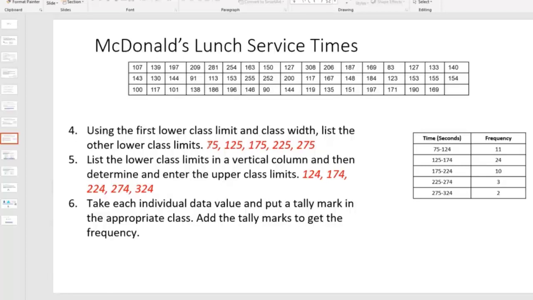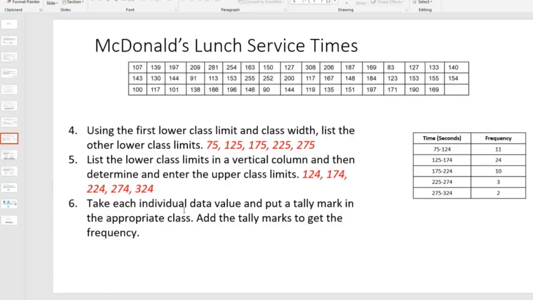This gives us the row of numbers in the very first column of our chart over here. Once you know the first number of your second class, you can back up to get the ending number of the first class. So if the second class starts at 125, the first one ended at 124, and so forth. And so we have our upper class limits, and we can put all of those in the table.